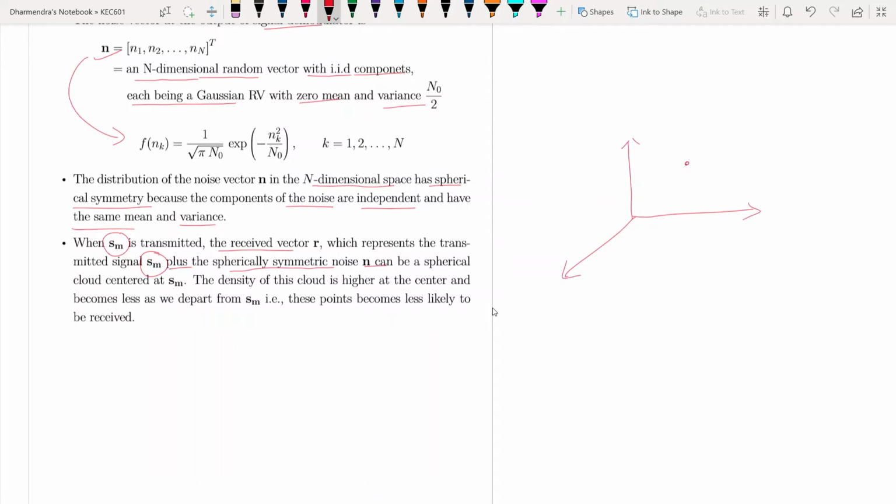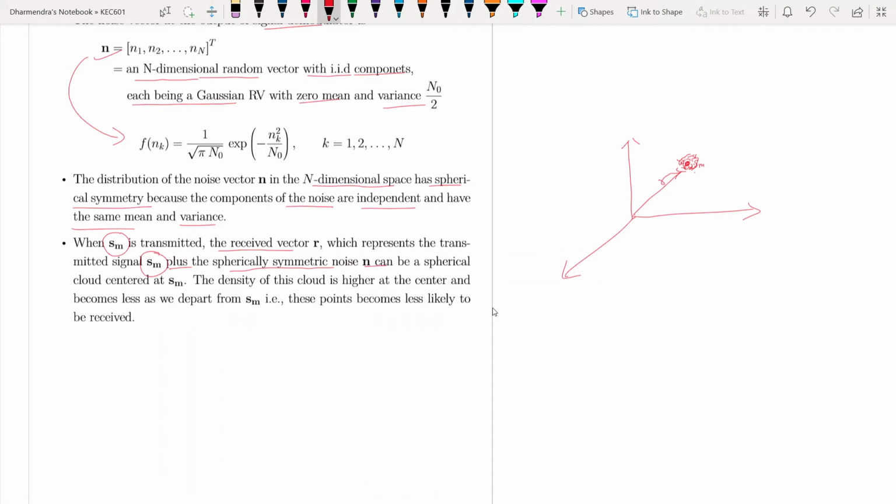This was the constellation point, this is Sm. The received vector in the presence of noise will be a spherical cloud whose center will be this constellation point, like this. So this is the received vector.